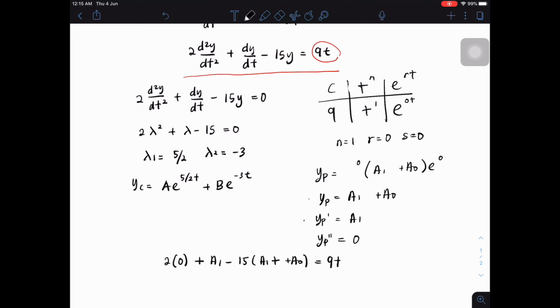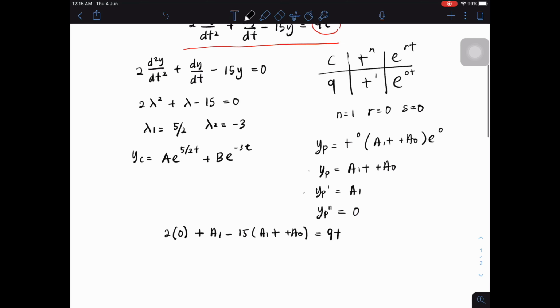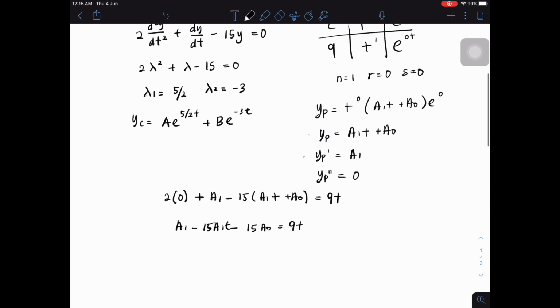So we have t to the power of 0, a1 t. Now we expand our equation. What you will get is a1 minus 15 a1 t minus 15 a0 equal to 9t. Therefore you will have negative 15 a1 t plus a1 minus 15 a0 equal to 9t.